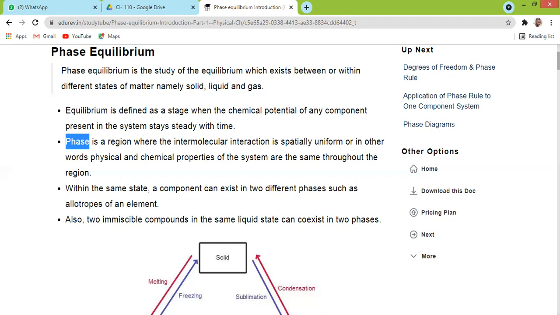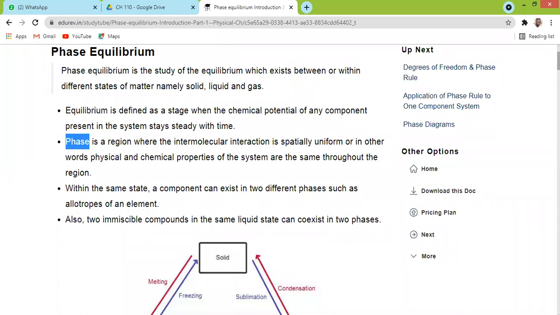And since it is two different solids that are combining, we call these two different phases, because one solid has its own properties and characteristics that are respected to itself. And then on the other end, you have another solid that has its own independent properties.